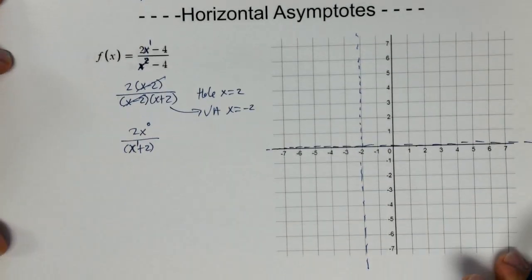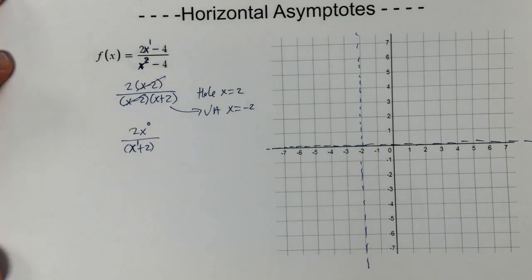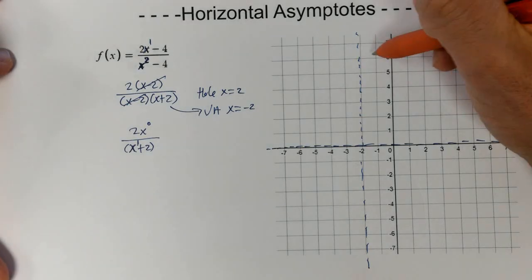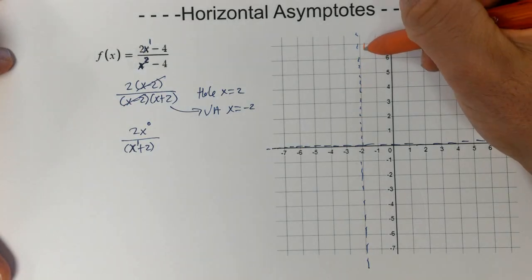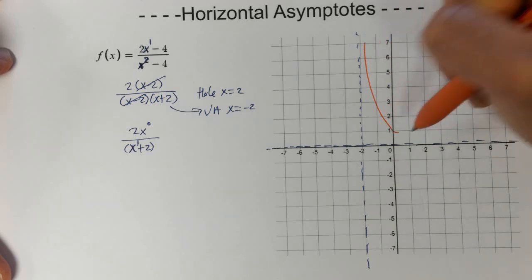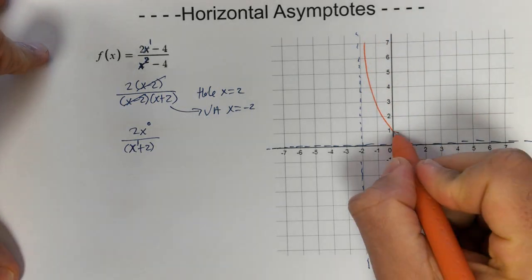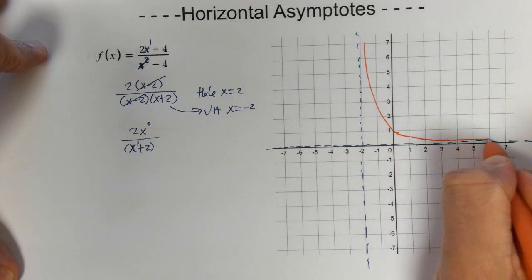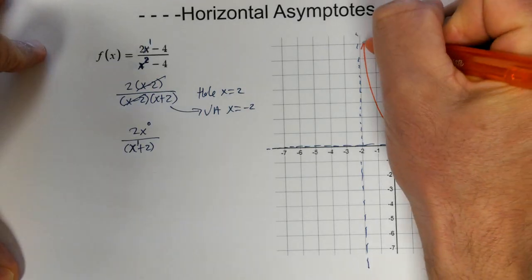And the graph will look something like this when we graph it. I'm not going to draw the holes or all the information, right? But it'll go through. I have my vertical boundary. And then my horizontal boundary will be the 0 line. So it'll get really close to it, but not touch it.